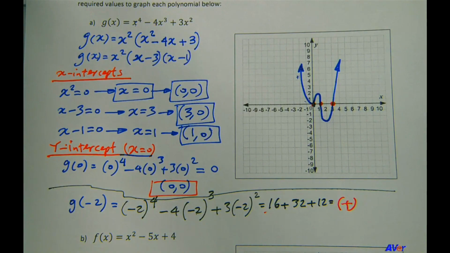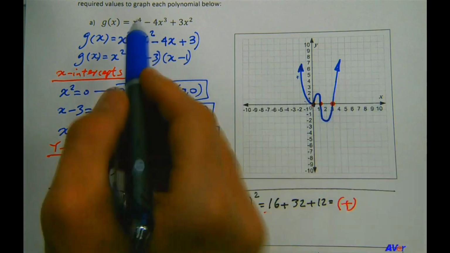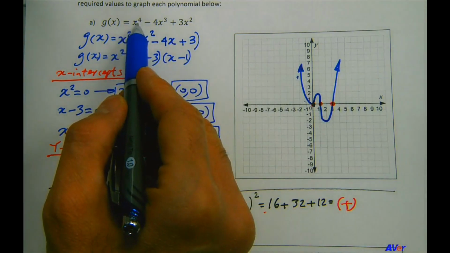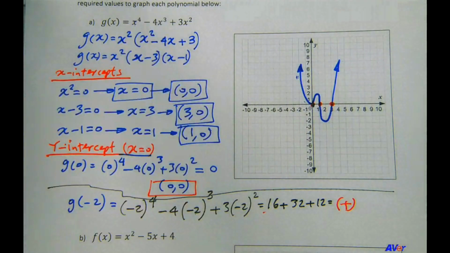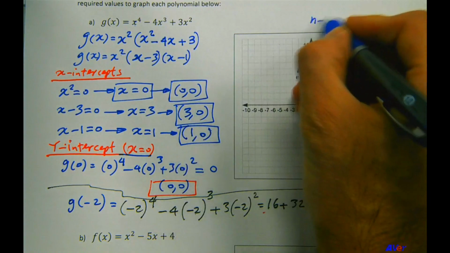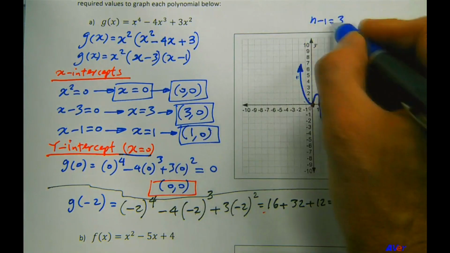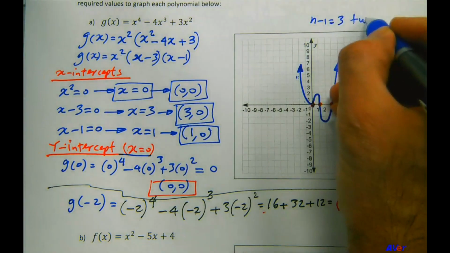In calculus, you're going to have more details about this, how to draw these graphs even more precisely. For example, here, notice the highest power, 4. So we would expect a maximum of 3 turning points, right? n minus 1, 3 turning points.